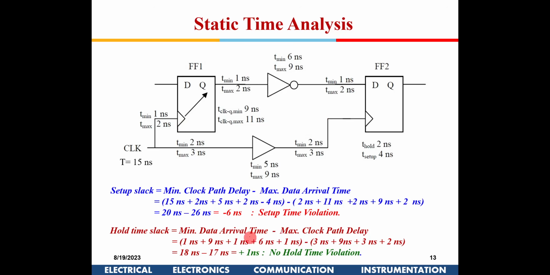Meanwhile, what happens to the clock? For the worst case scenario, we take the slowest path: 3 nanosecond, 9 nanosecond, 3 nanosecond, and then the hold time requirement. So 1 nanosecond is the hold slack available here, so there is no hold time violation.